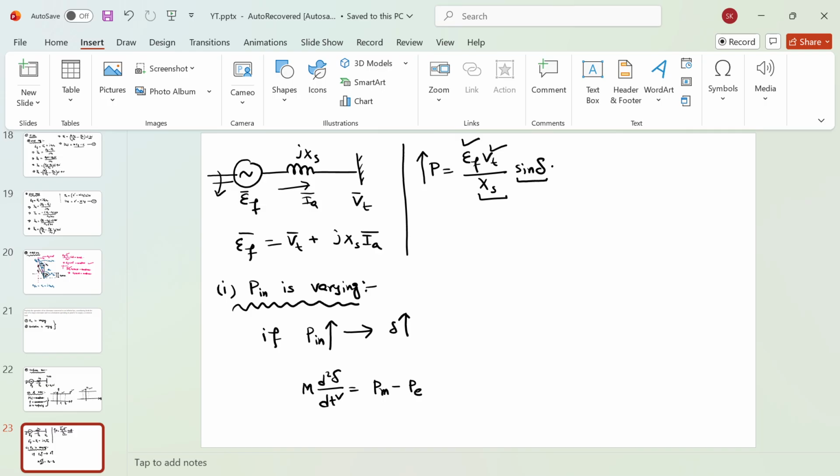And when it is at a steady state, whatever mechanical power you are giving, the same power is going to the grid side. The same electrical power is going to the electrical side. And if you increase the mechanical input, then at a steady state these two quantities will be the same, but we want to see what will happen in terms of rotor angle variation.